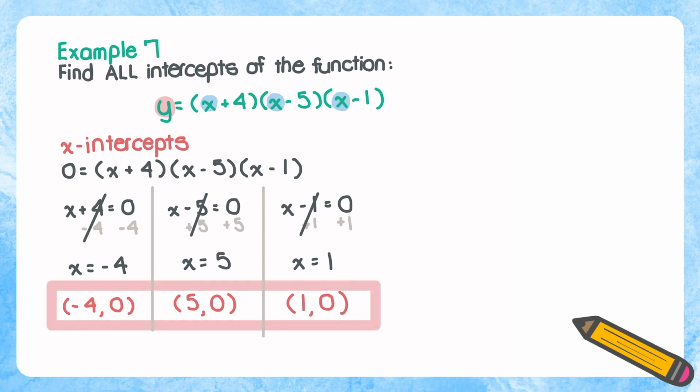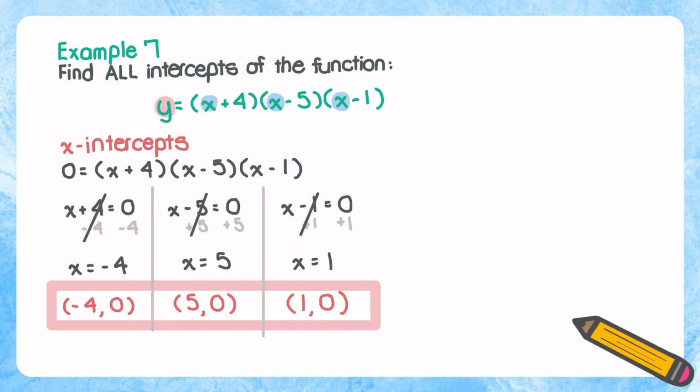So for this example, we found 3 x-intercepts. This means that the graph of this function is going to cross or touch the x-axis 3 times.